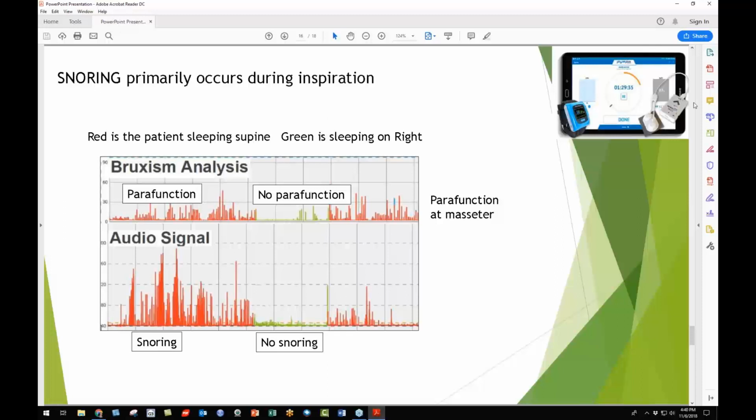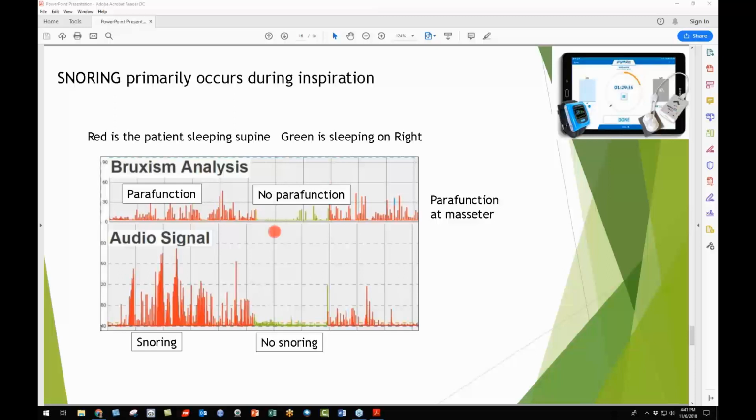So the bottom channel where it says the audio, the red is when the patient's sleeping on their back, and you can see they snore like crazy. And then look at the parafunction. It almost looks like a snore channel. It's so linked.